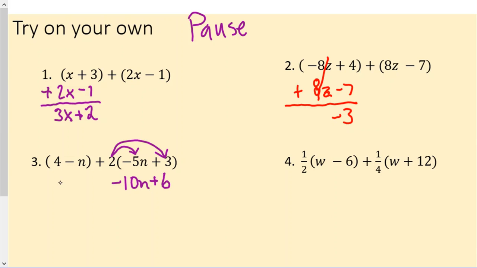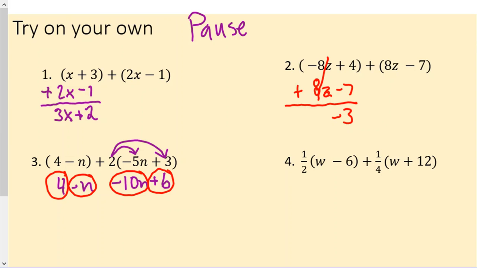And then I'm going to bring down these other terms, 4 minus n. And now I'm going to circle my like terms. We have positive 4 and plus 6. And then we have minus n, minus 10n.